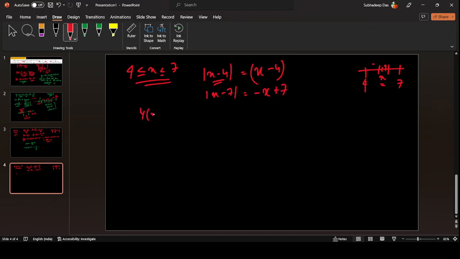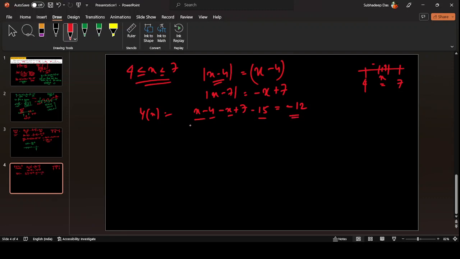So y(x) would be x minus 4 minus x plus 7 minus 15. That is, x and minus x will cancel out, and minus 4 minus 15 is minus 19, plus 7 is minus 12.